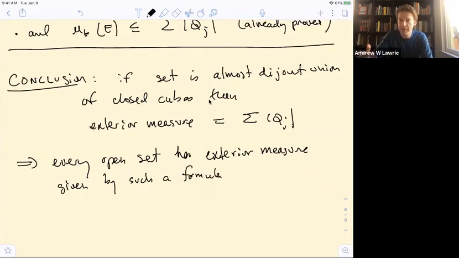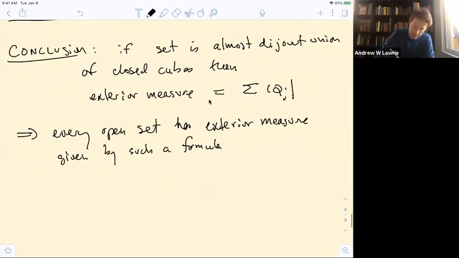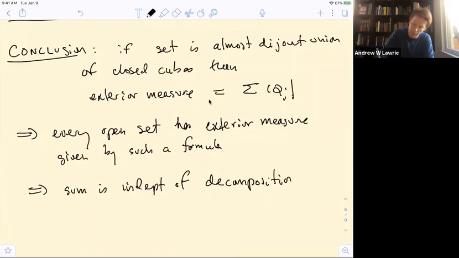Because we proved already that every open set is expressible as a countable union of almost disjoint cubes, which then implies that the sum is independent of the decomposition. So that work we did of characterizing open sets as unions of almost disjoint closed cubes was worthwhile, because we can compute this exterior measure that way.